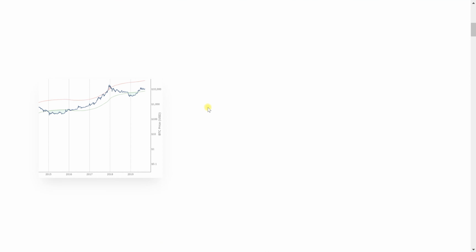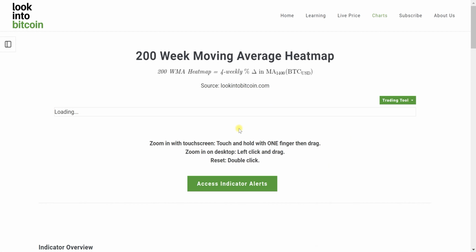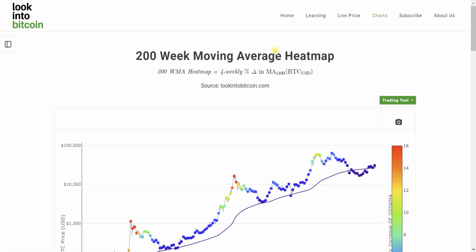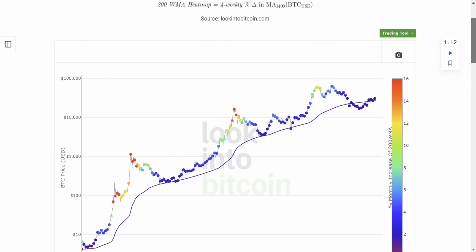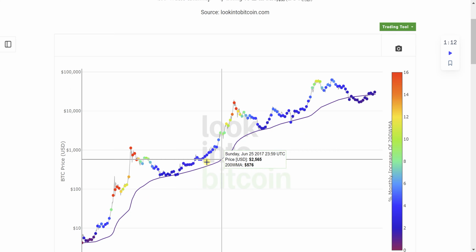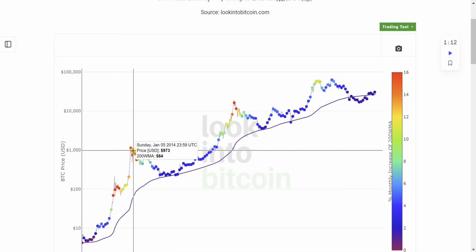Okay, so let's look at another one: the 200-week moving average heat map. So for the last 200 weeks, what does the price action look like? Basically it looks at how far above the moving average these things are. So percent of monthly increase of the 200-week moving average.